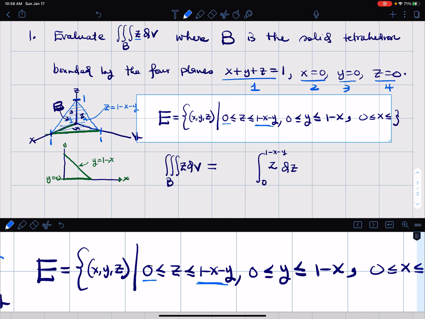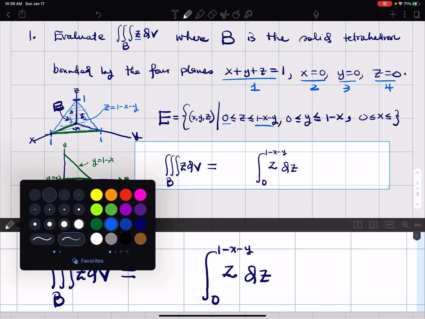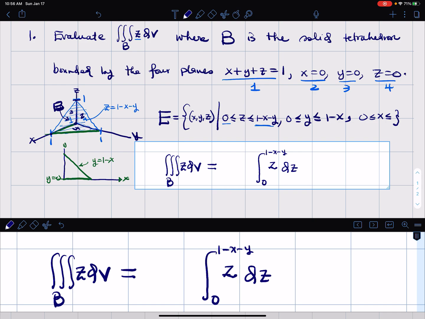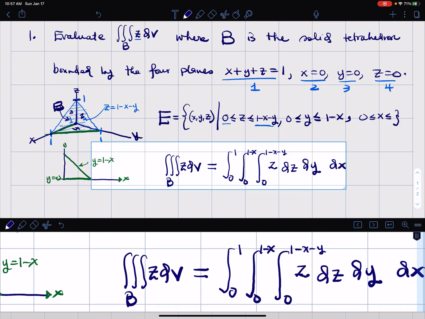So it has to be the most internal, or the most inside, the most interior integral. Now we go to y, which has one variable, x. So it goes from 0 to 1 minus x dy, and then we're going to do 0 to 1 dx. All right, what am I talking about?